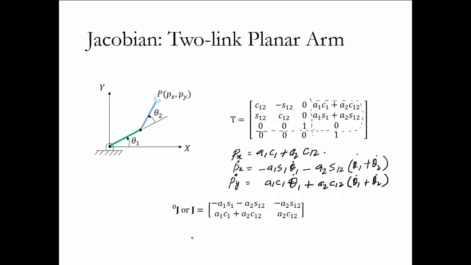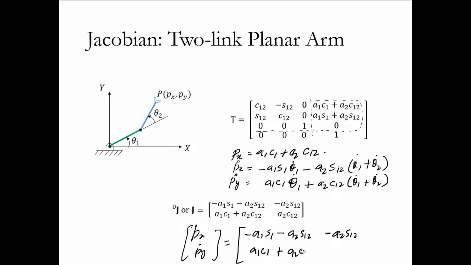Right, so if we arrange this, px dot py dot is equal to, taking theta 1 first, minus a1 sine theta 1 minus a2 sine theta 1 2, and for theta 2 dot, minus a2 sine theta 1 2. In the second row, a1 cos theta 1 plus a2 cos theta 1 2, and for theta 2 dot, a2 cos theta 1 2, times theta 1 dot and theta 2 dot.